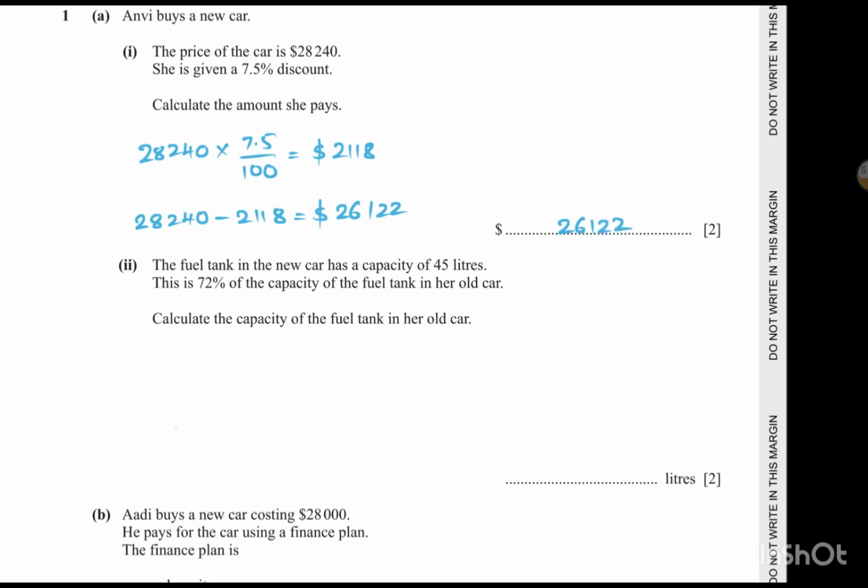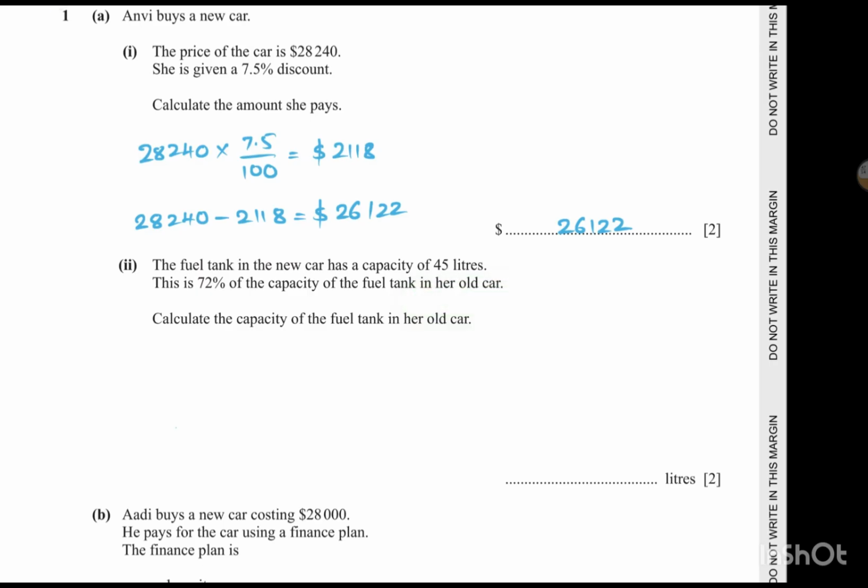Question 2 in A. The fuel tank in the new car has a capacity of 45 liters. This is 72% of the capacity of the fuel tank in her old car. Calculate the capacity of the fuel tank in her old car. So the capacity of the new car is given, and this capacity is 72% of the old car capacity.